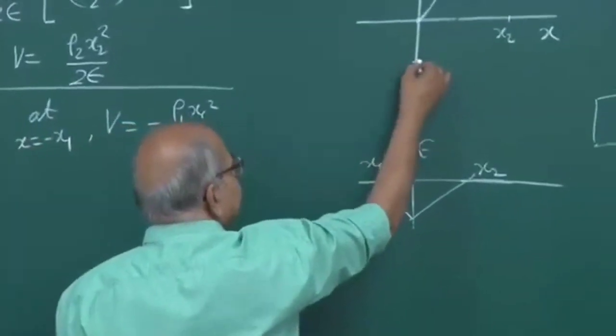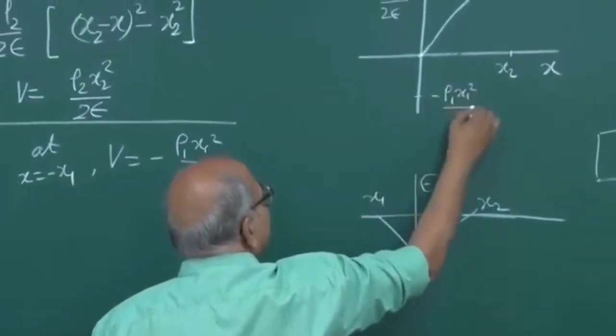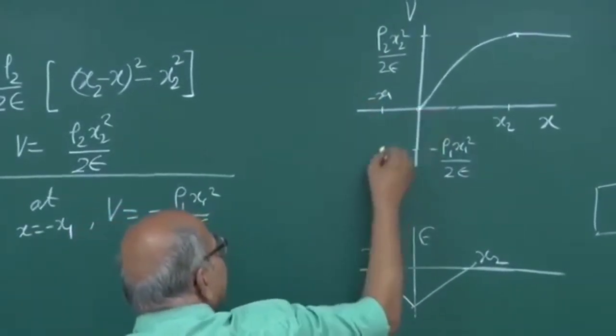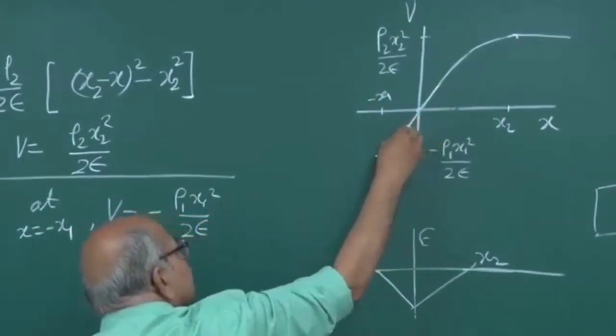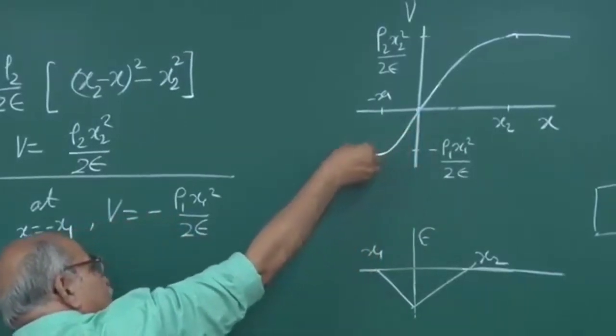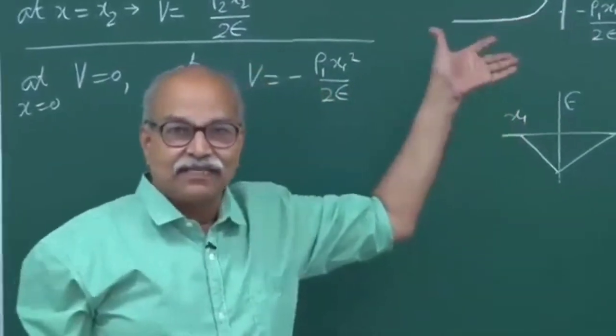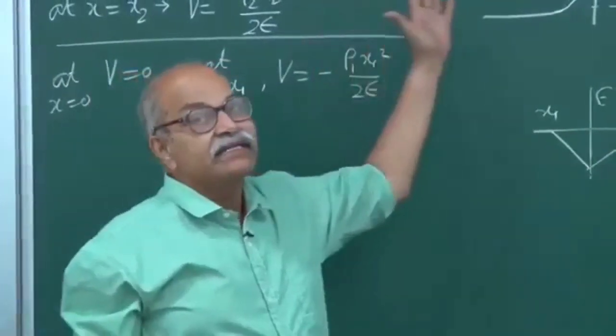So if this point here is minus rho 1 x1 square over 2 epsilon, and this point is x equal to minus x1, then you have to join these two points. So this comes like this, and then it turns, and here the slope should become 0, and then it should become constant.